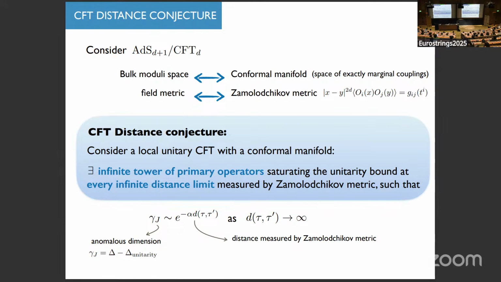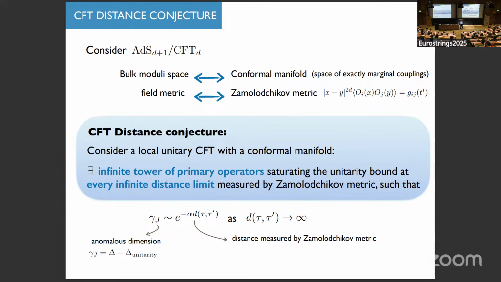At every infinite distance limit, measured by the Zamolodchikov metric, the anomalous dimension of these operators, which is the difference between the scaling dimension and the unitarity bound, decreases exponentially in terms of this Zamolodchikov distance.